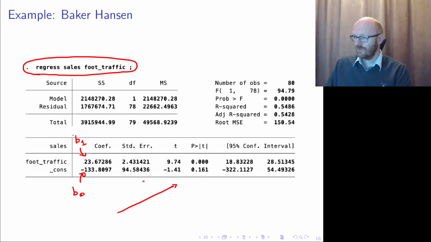So for every increase in x, you get an increase in y by 23, which is the sales, and the intercept is negative, which really doesn't make any sense, but we'll get back to that.